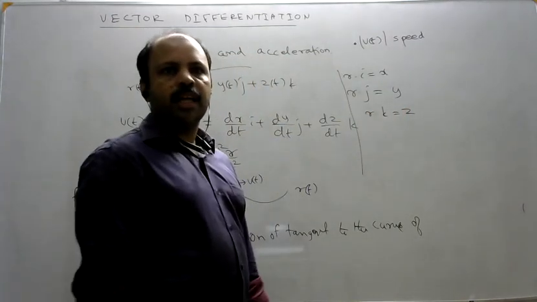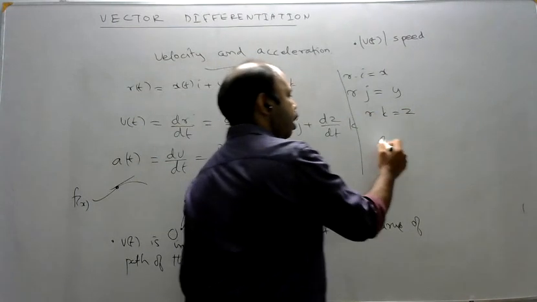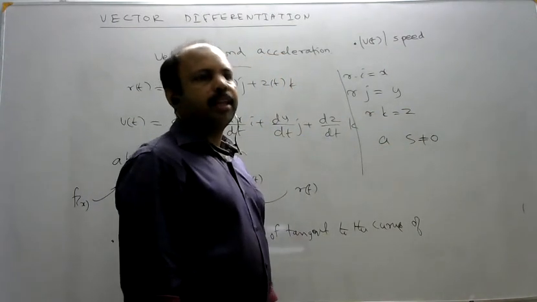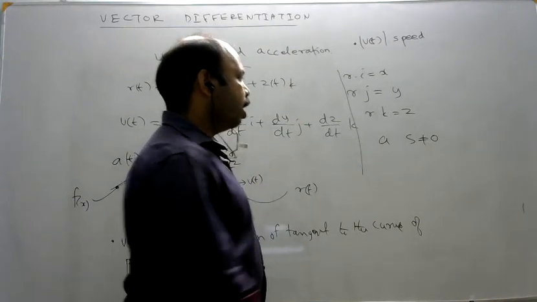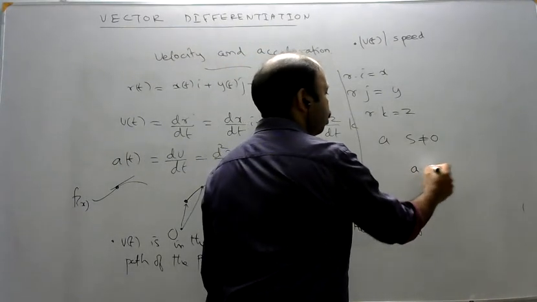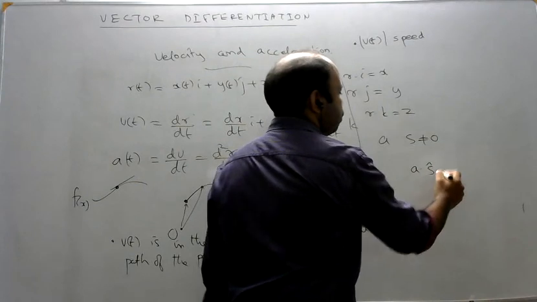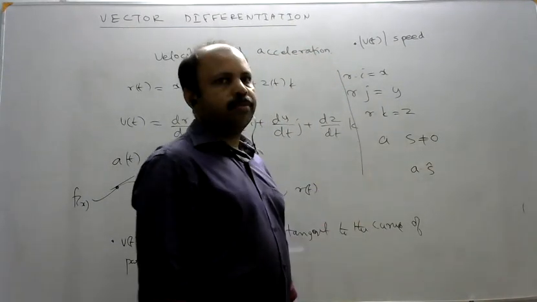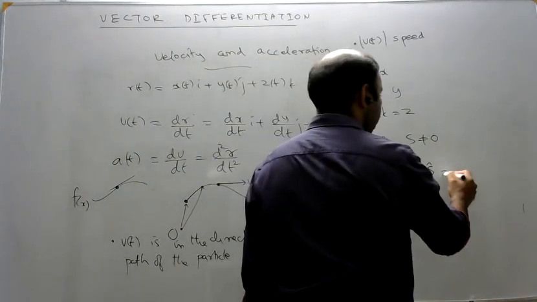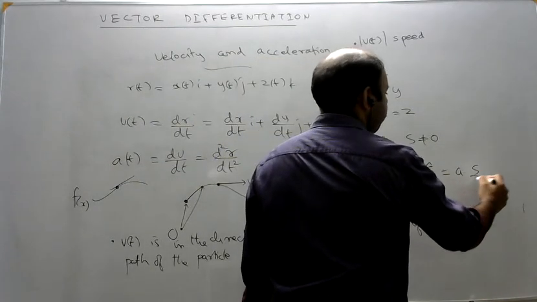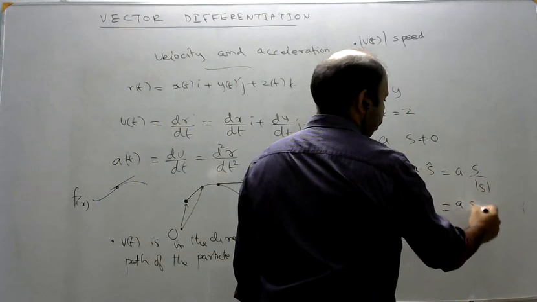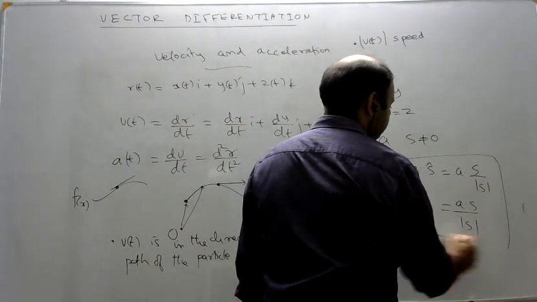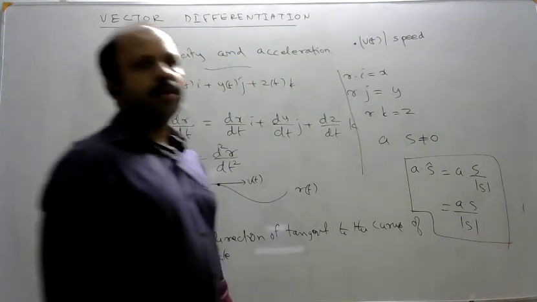In general, if we are given a vector A and a non-zero vector S, then we can find the component of A along S as A dot S cap, where S cap is the unit vector in the direction of S. Or this is simply A dot S by mod S. It is the component of A in the direction of a given non-zero vector.